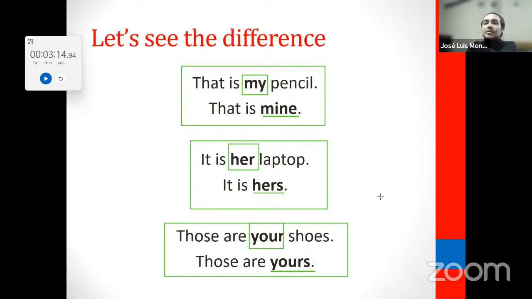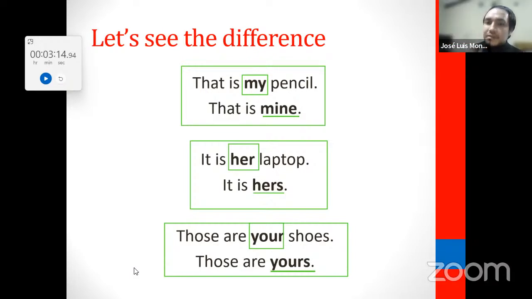What explanation can you give? Okay, I think that when we use my, we always have a noun after it, but when we use mine, we don't have a noun in the sentence. I think. Great. That is good.